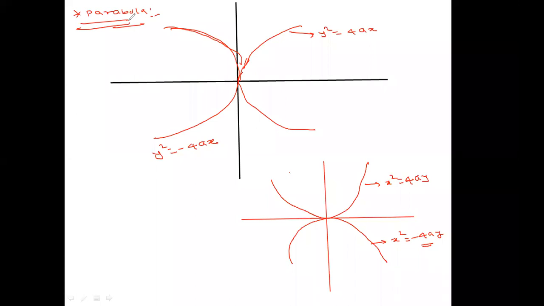First, y square is equal to 4ax, y square is equal to minus 4ax, x square equal to 4ay, x square equal to minus 4ay.